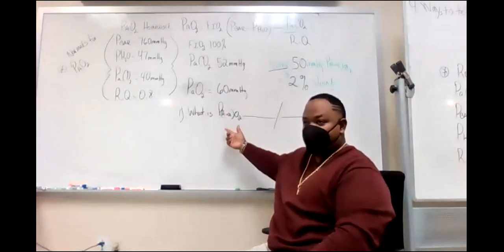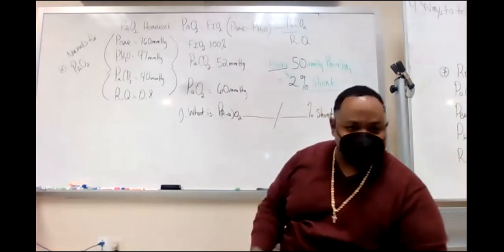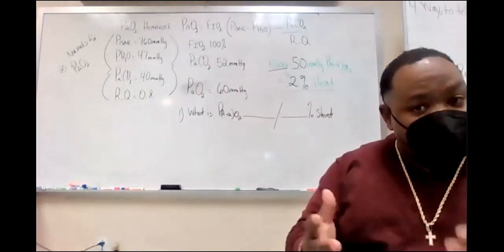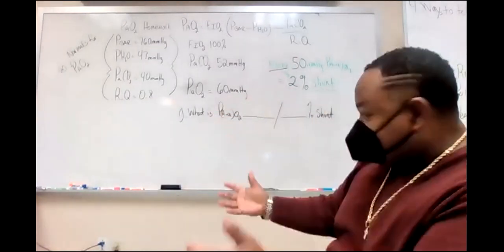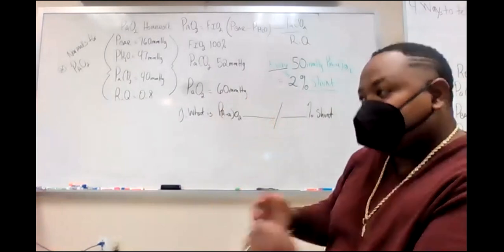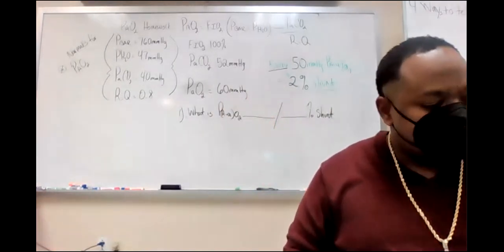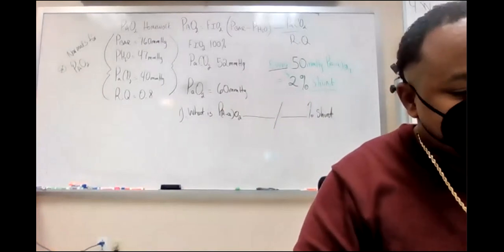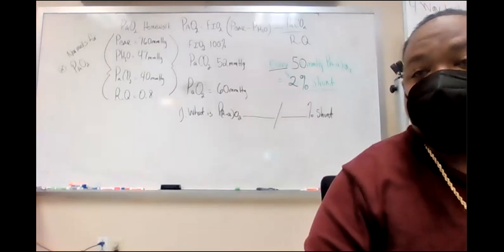Then you take that number and find out what percent shunt that is, understanding that every 50 millimeters of mercury difference in the Aa gradient equals a 2% shunt. Put it in the chat. Now you're getting into therapy.